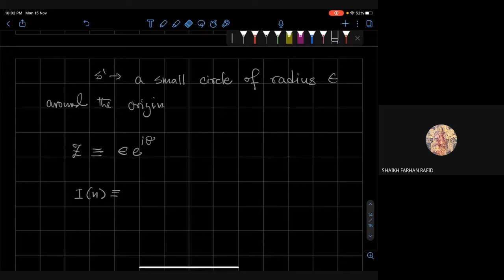Okay. So then I of n is going to be, oh, by the way, before I do that, let me just also do this. Then if I take the derivative of z, epsilon is constant because it's the radius of the circle, right?